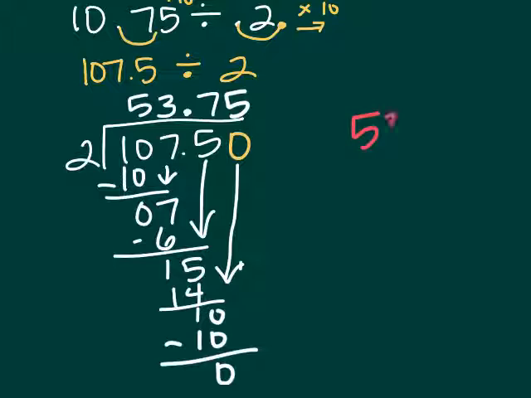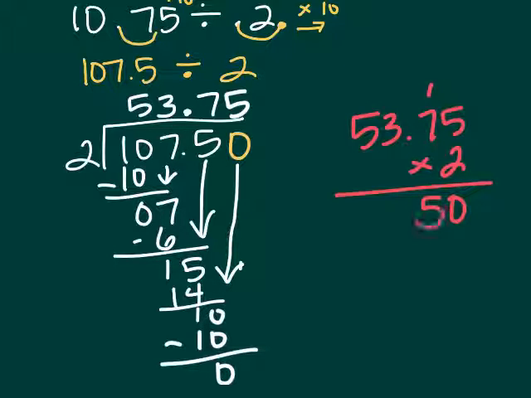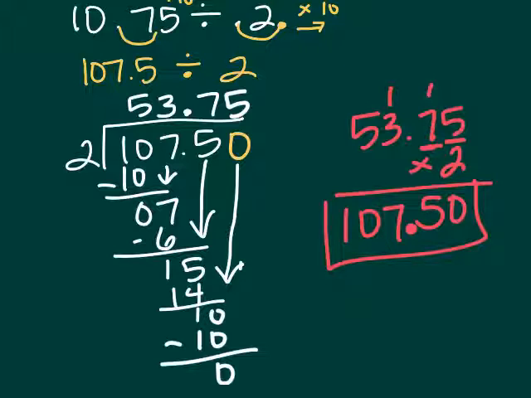So 53.75 times 2 should give us 107.5. 2 times 3 is 6, plus 1 is 7, and 2 times 5 is 10. Then I just have to look at how many digits were to the right of the decimal. I only had 2, so I'm going to come back in 2. And that's what I started with. And we're good to go. There you go, dividing decimals.